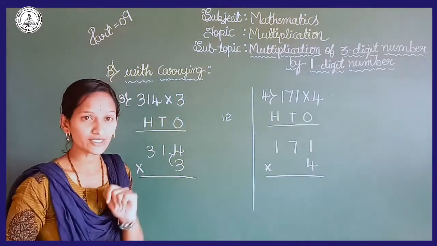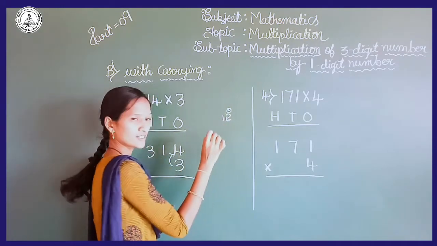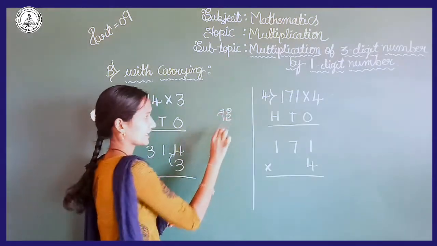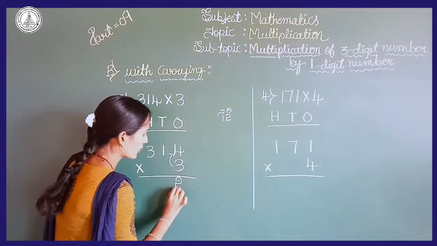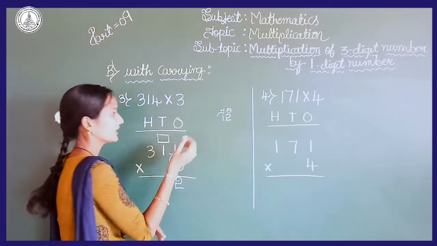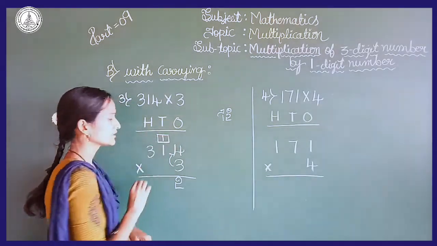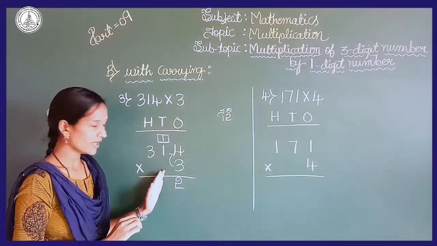But it is a 2-digit number. So this 2 is in the ones place and 1 is in the tens place. So I am writing this 2 under the ones column and I am giving a carry to the next column, that is 1.